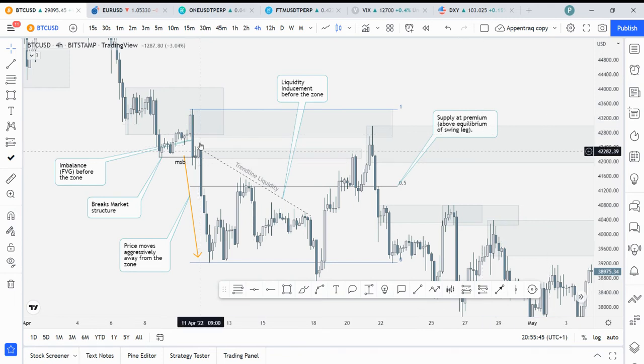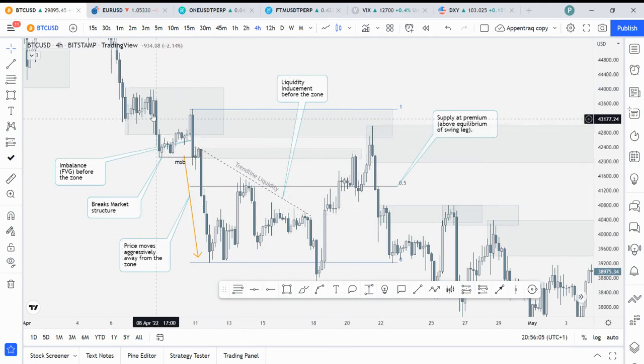Ultimately, there are times when you won't have a fair value gap and the zone will still hold. There are times when liquidity won't be induced and the zone will still hold. But personally, I don't like to take a trade except liquidity is induced. The more of these factors you have, the more high probability the zone is going to be.